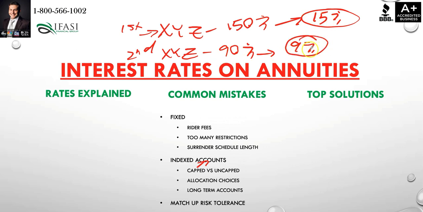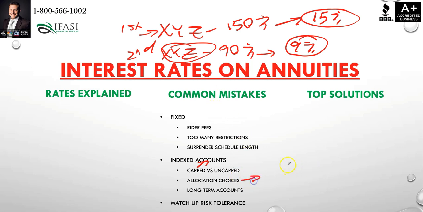That's a 6% difference for the same exact index, for the same exact type of product, type of account. So be very careful on whether something is capped versus uncapped, what the participation rate is, what the spread rate is. All those different features can be the difference of you receiving thousands of more dollars of growth or thousands of more dollars of income throughout your retirement years than not. So be mindful of that.